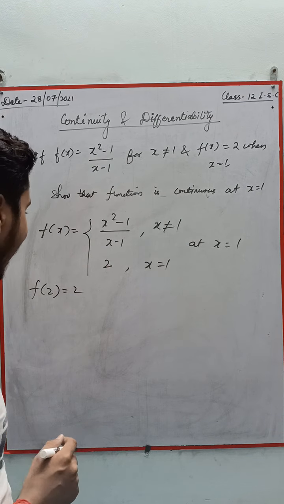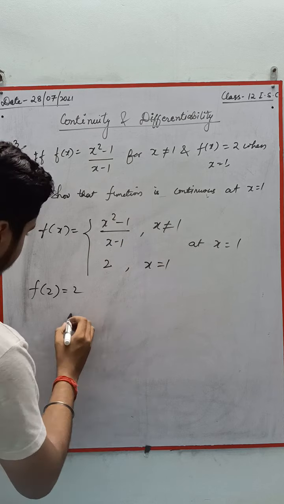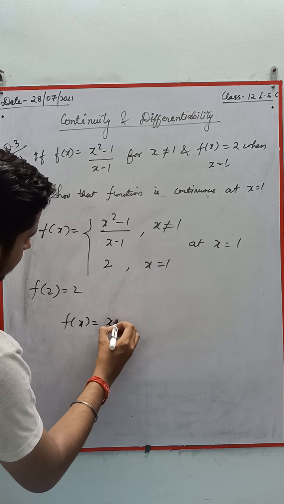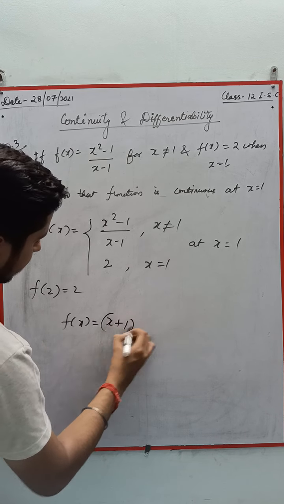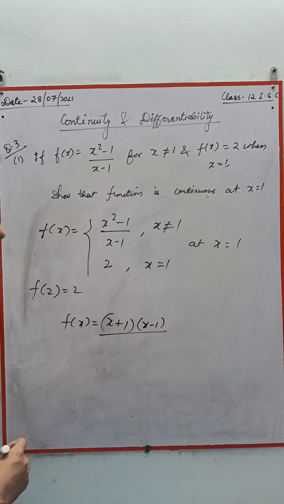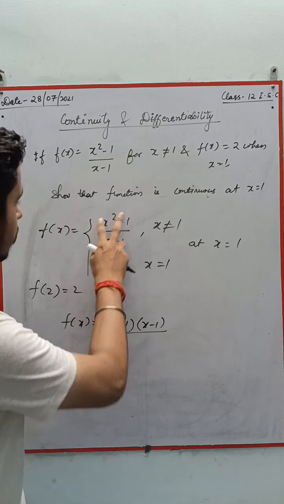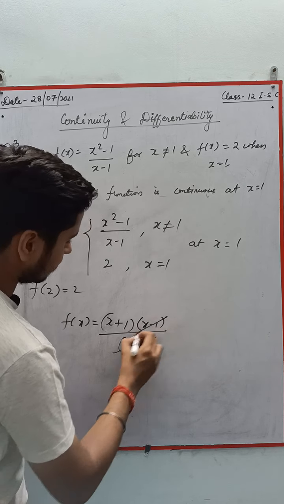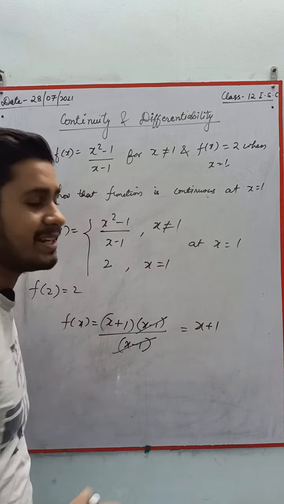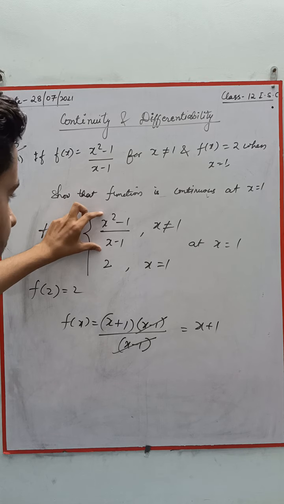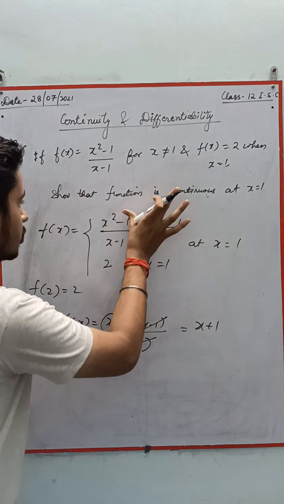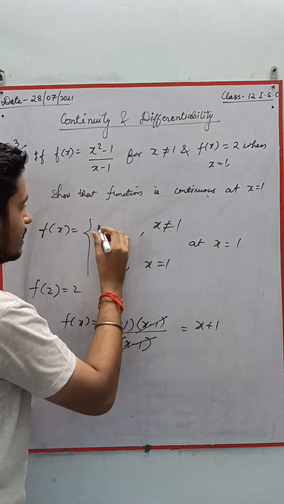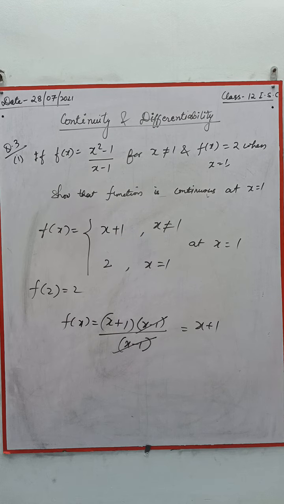From here, I can see that x² − 1 can be written as (x + 1)(x − 1) by using the a² − b² identity. So (x + 1)(x − 1) over (x − 1): the x − 1 cancels, and finally we get x + 1. So in place of this we can write x + 1.